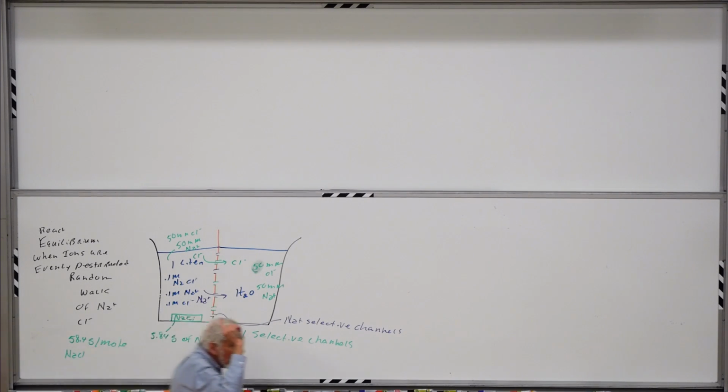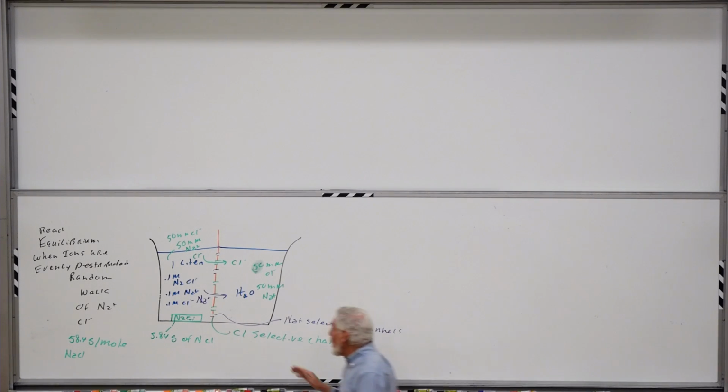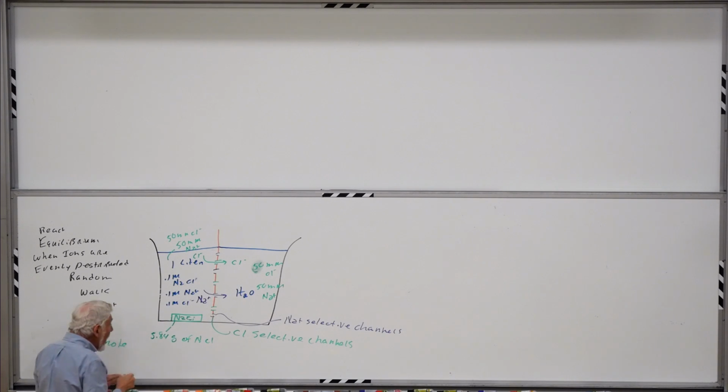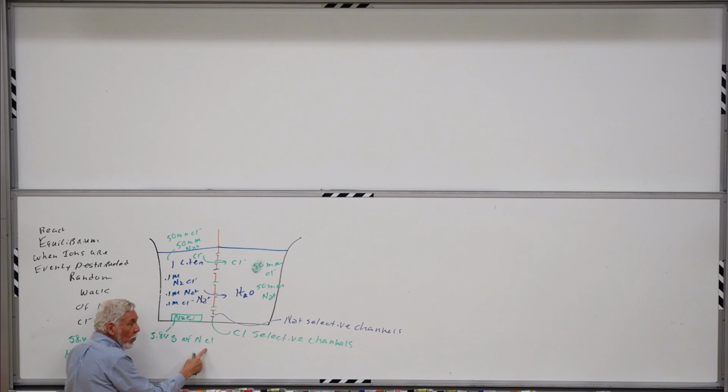Yes? When it says 0.1 molar NaCl, is that saying that not all the NaCl is dissociated? The question here is about the dissociation of sodium and chloride. The way we've drawn this up, we've said that this is 5.84 grams of sodium chloride in this chamber.